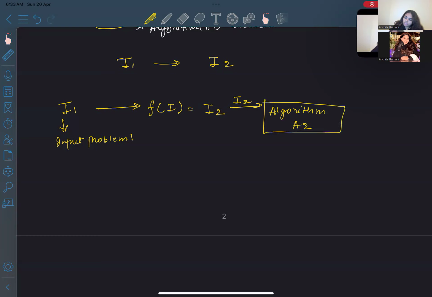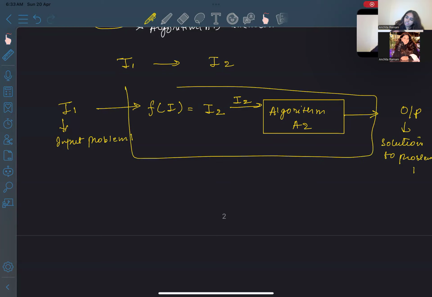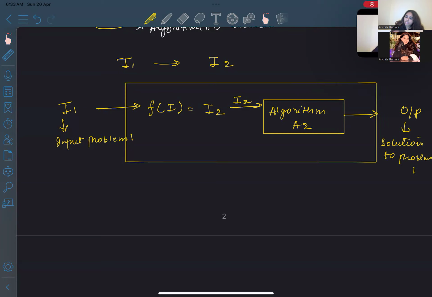This algorithm was the known algorithm. You feed that input, and then you get the output, which is going to be your solution to problem one. So this is what reduction is about: you apply a function, convert the inputs, and then apply the known algorithm. That's how you get the output for the problem with the unknown algorithm.